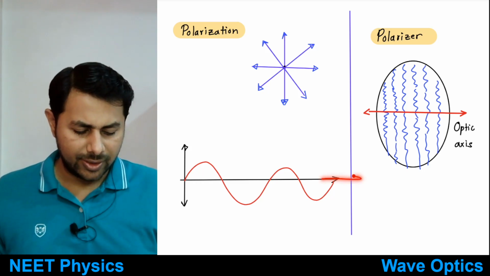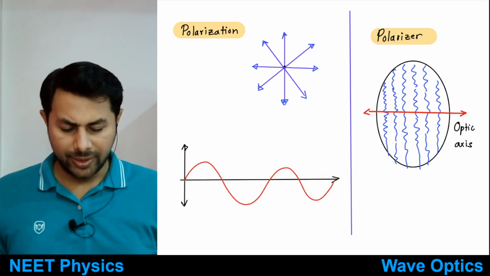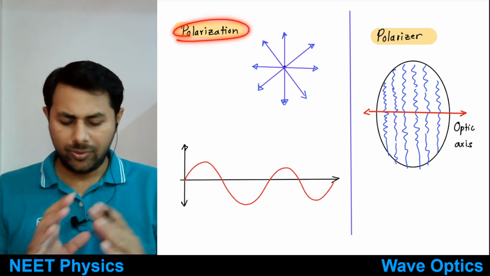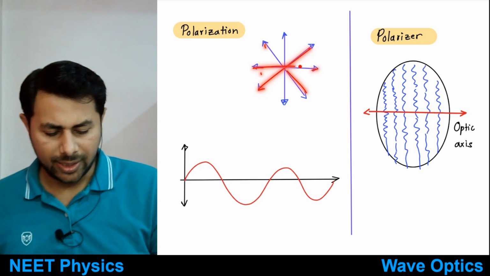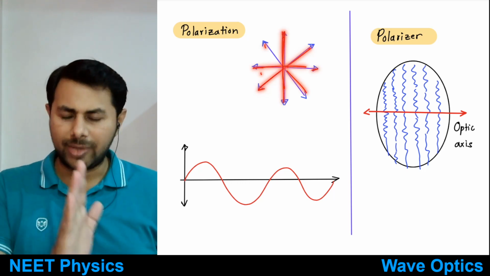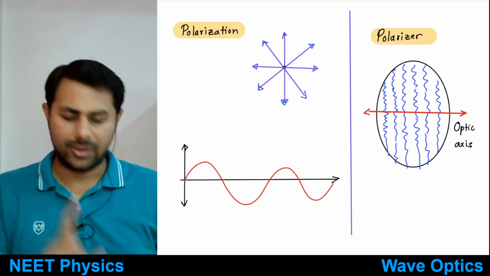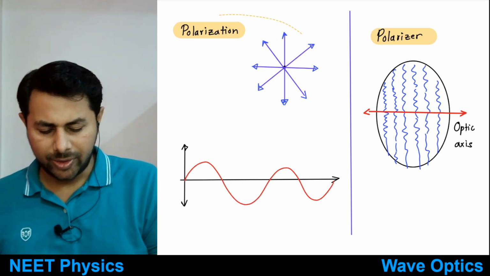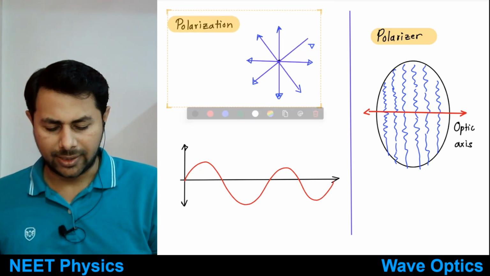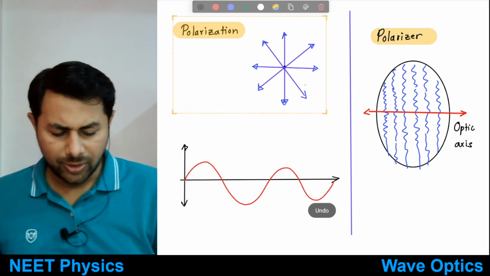Transverse means perpendicular. Now if you block these vibrations of the electric field and only allow the vibration of the electric field in one direction, then that is called polarization of light. That phenomenon is known as polarization of light. What is polarization of light?